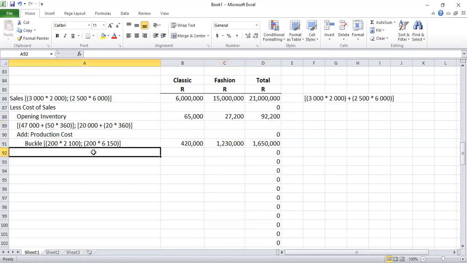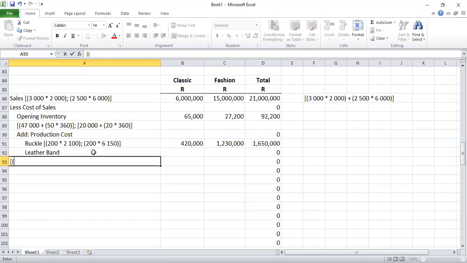So we have our leather band. For the first one it is 20 centimeters.